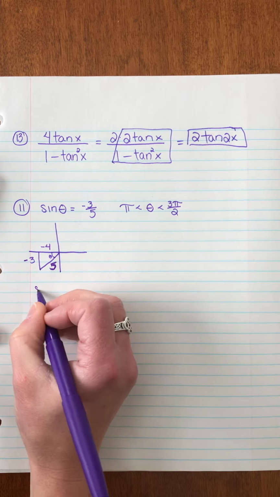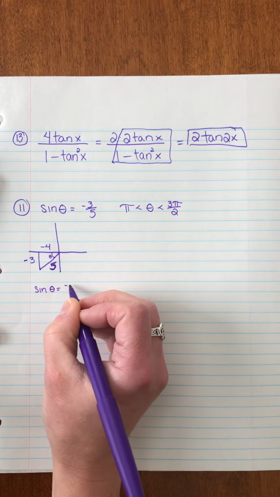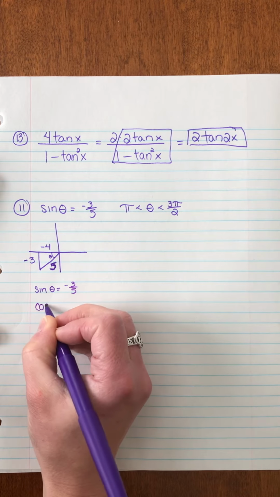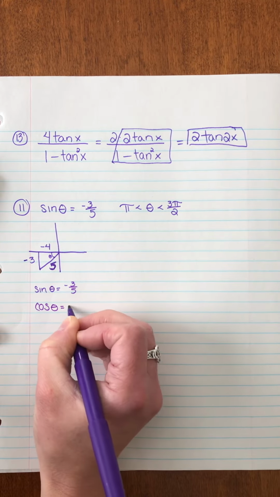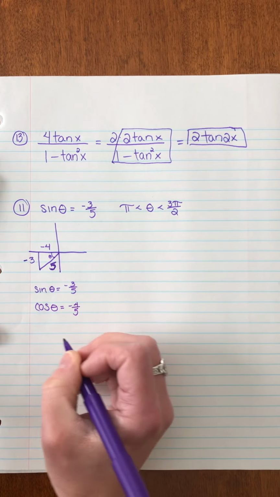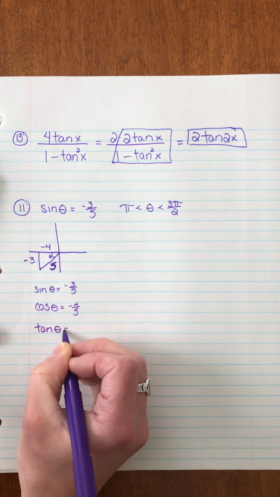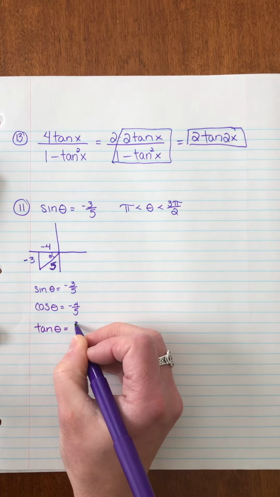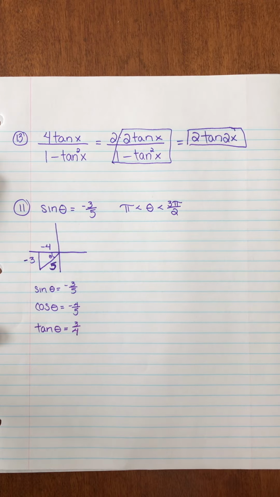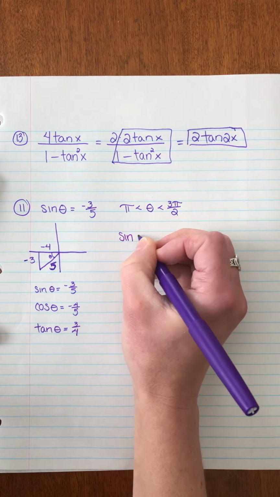So we've got sine of theta equals negative 3/5, cosine of theta equals negative 4/5, and tangent of theta equals positive 3/4.